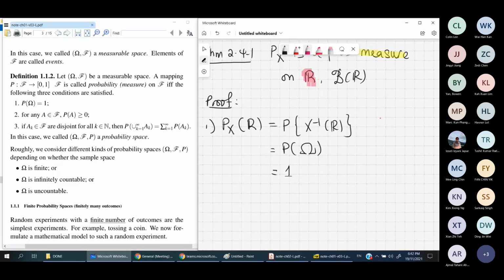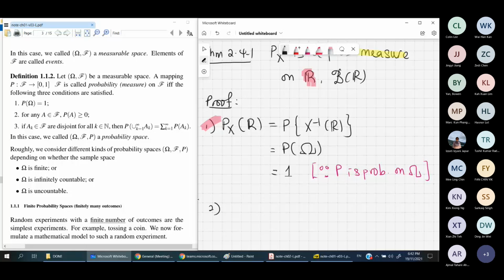The reason is that P is a probability on omega, so this is what it always will be. That's why the first criterion passes.